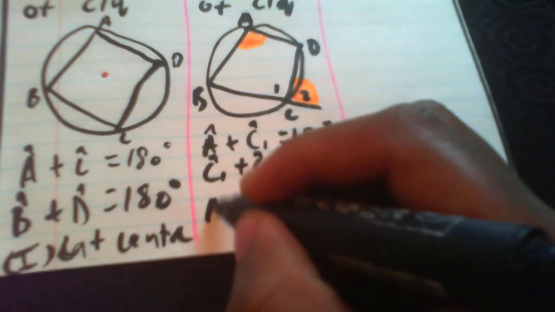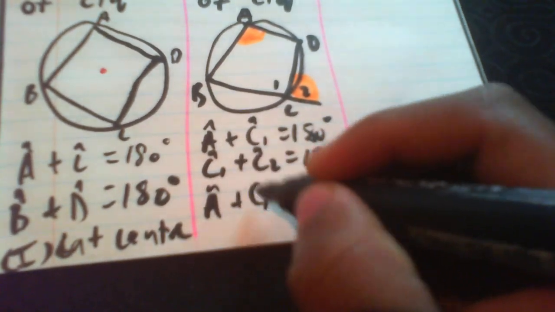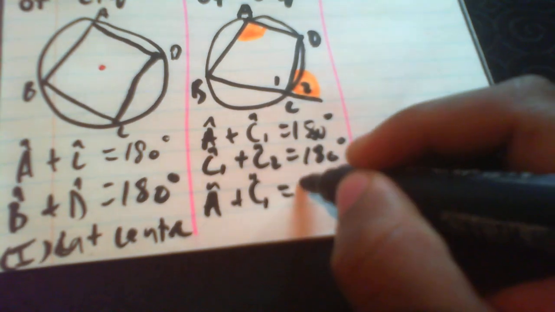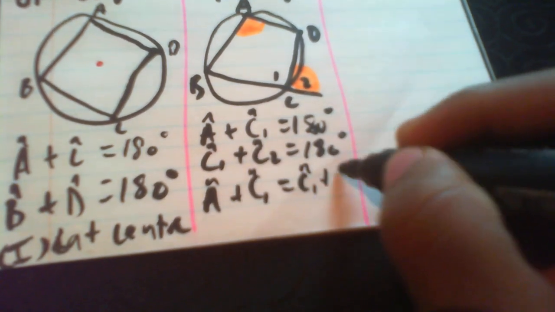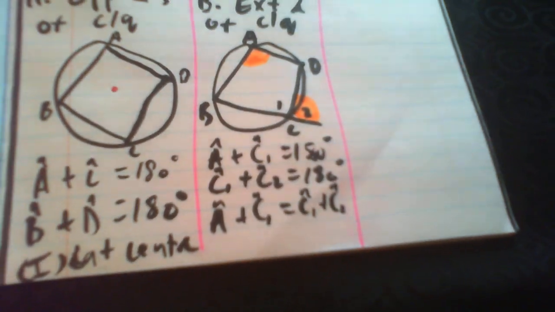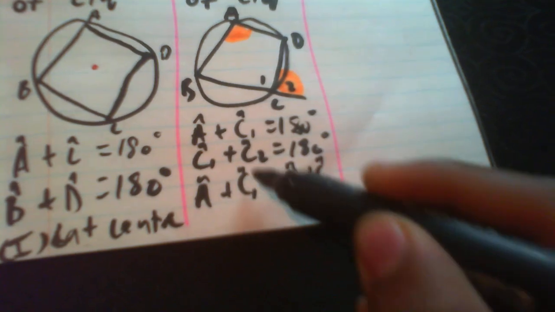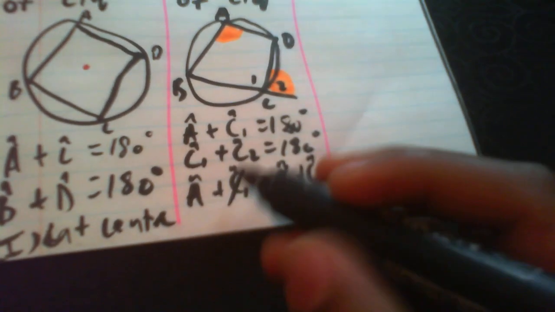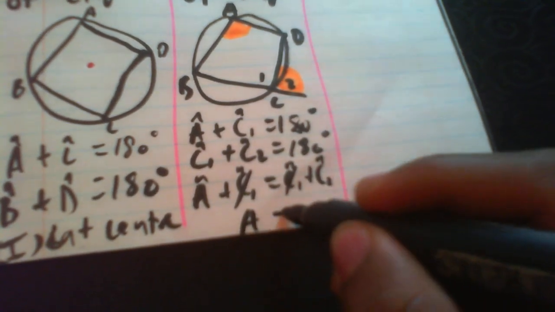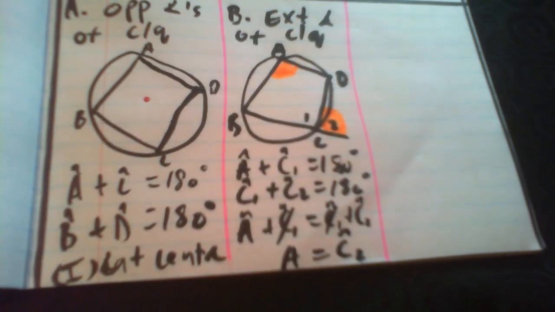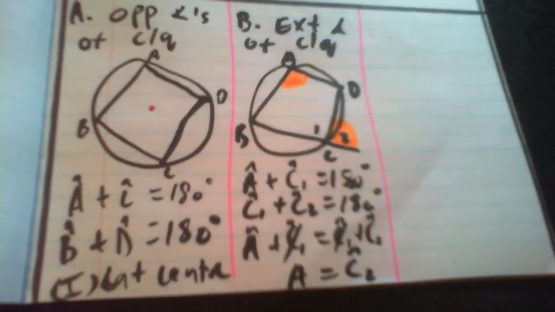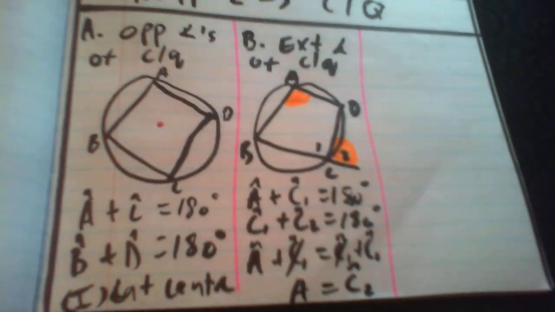So I can just have A plus C1 equals C1 plus C2. So you'll see once I move C1 to the other side, it's going to be negative C1 and cancels with this one. So now A is equal to C2. So that's why the exterior angle of a cyclic quad is equal to the opposite interior angle.